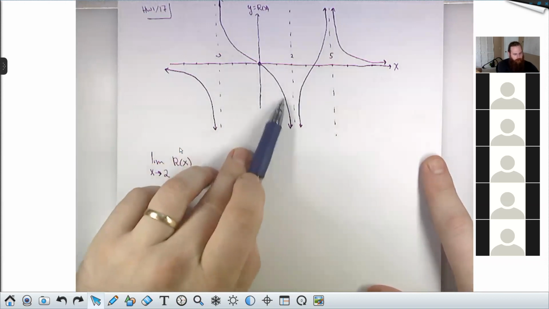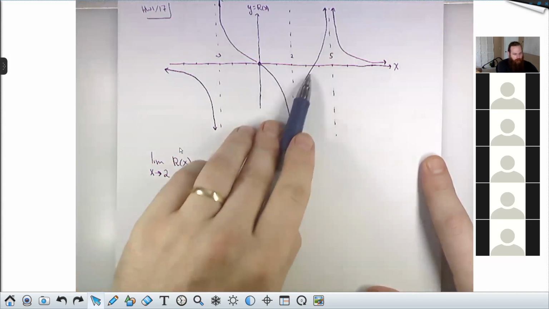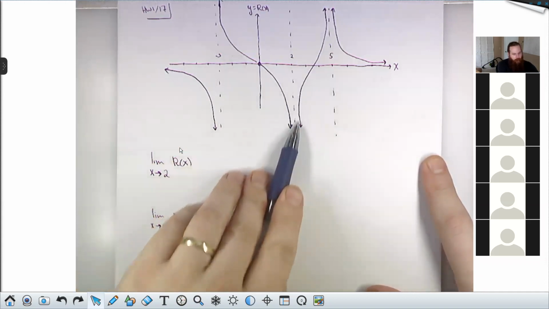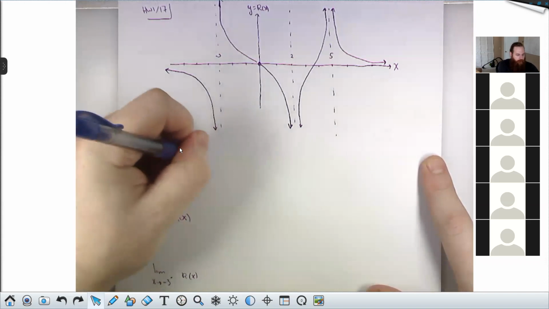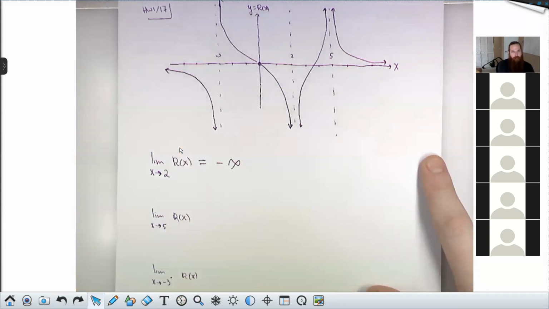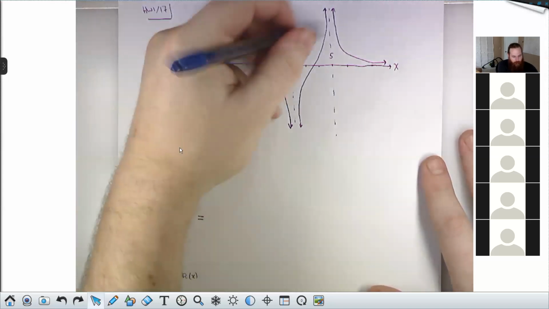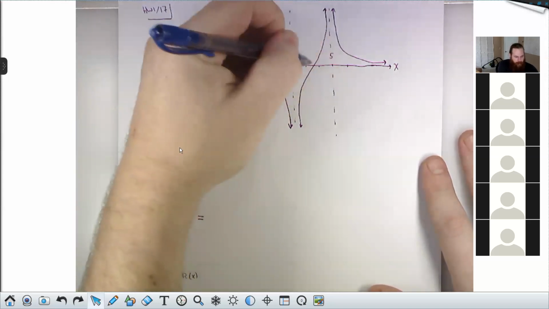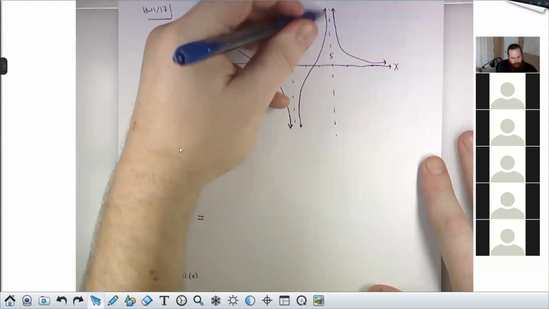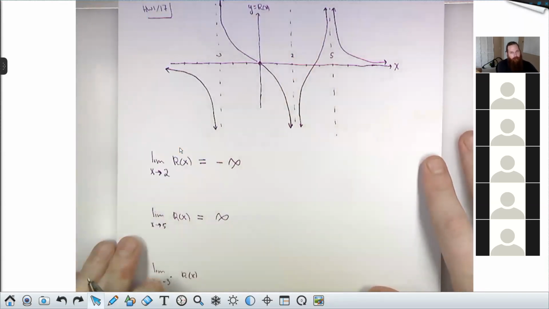As I go closer and closer to 2 from the left, I'm going down to negative infinity. And if I get closer and closer to 2 from the right, I'm also going down to negative infinity. So this one does exist, and it is negative infinity. Similarly, as we approach 5 from the left or from the right, as my x value gets closer and closer to 5, I'm blowing up to plus infinity on both sides. So this would be plus infinity.